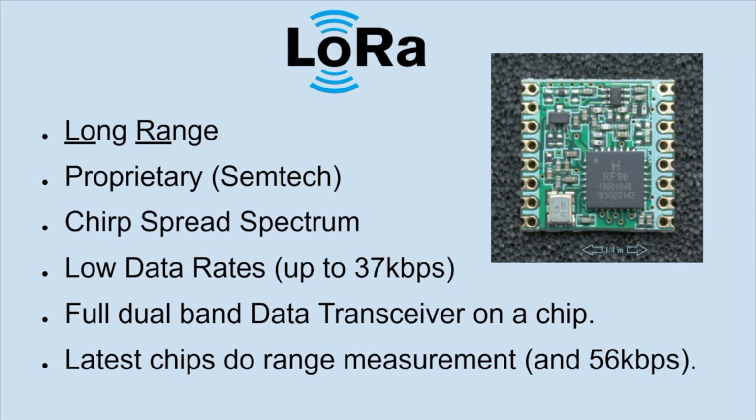The latest set of chips actually do range measurement as well. So they measure the ping time, the round trip time, quite accurately. And I guess it'd be possible to do away with the GPS by having some fixed locations and measuring the ping times from each of them. So that'd be quite an interesting alternative to GPS.